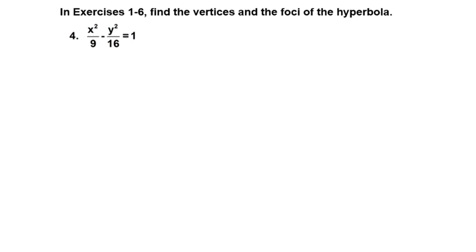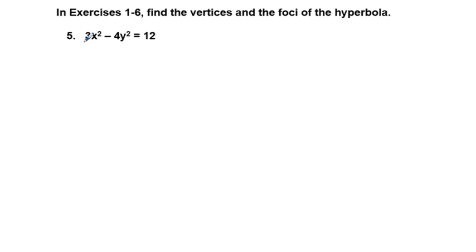Next, on problem 5, this one has a level of complexity in that we do not have standard form. In standard form, we need a 1 on the right side. And so what we're going to do is arrange for that to occur by dividing both sides of this equation, which means all terms, by 12. And what happens when you divide 3 by 12? You get 1/4.